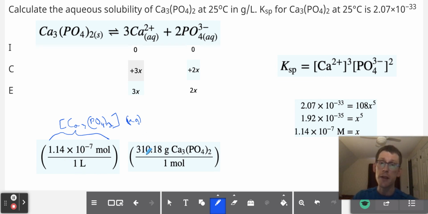But if we need to convert this into a grams per liter concentration, we can just multiply by the molar mass, and the moles cancel, and what we end up with is 310.18 times 1.14 times 10 to the negative 7th, which is equal to 3.54 times 10 to the negative 5th grams per liter. That's a negative 5th. There we go.